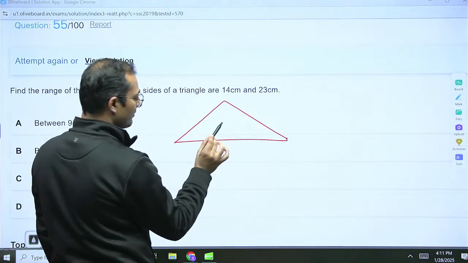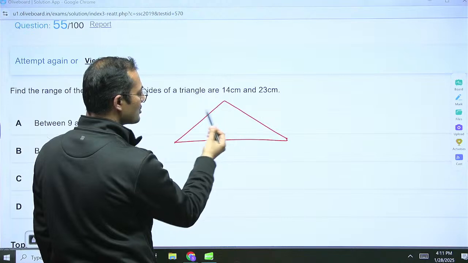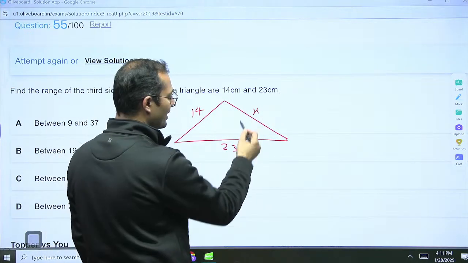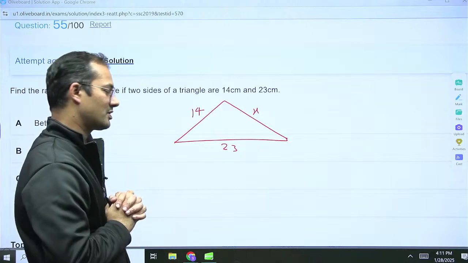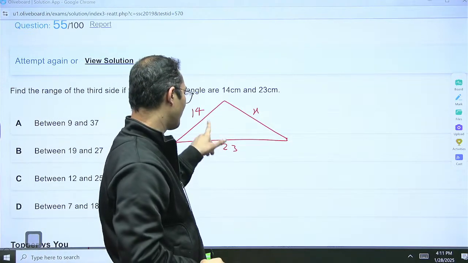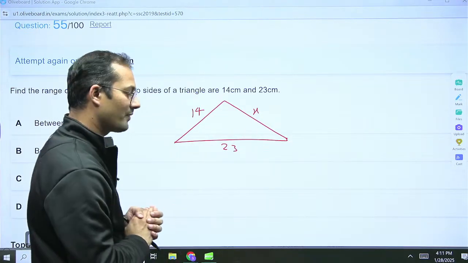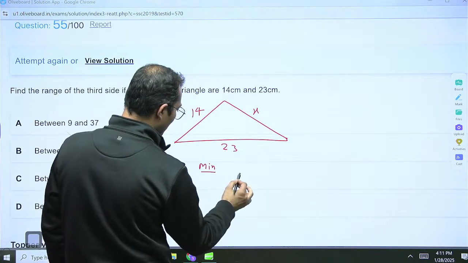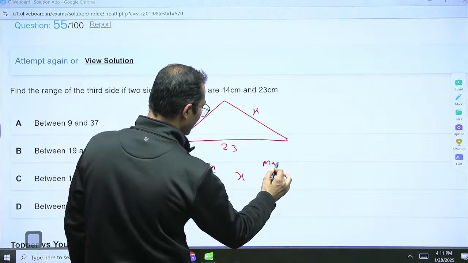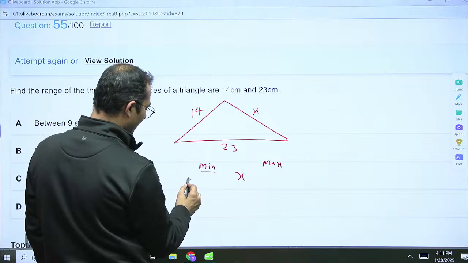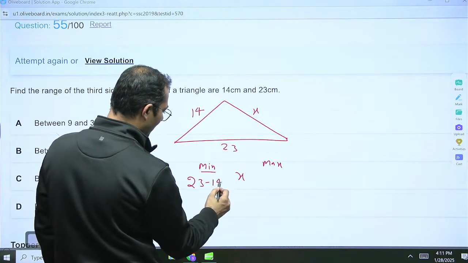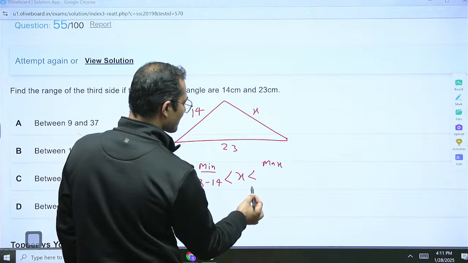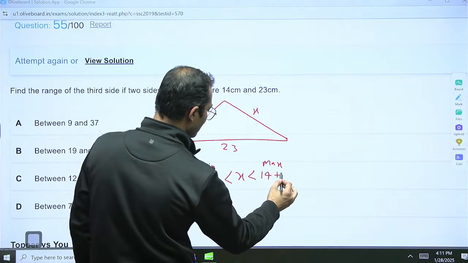We know that the sum of any two sides must be greater than the third side, and the difference of any two sides must be less than the third side. So the minimum of the range is given by the difference and the maximum by the sum. So 23 minus 14 must be less than x, and x must be less than 14 plus 23.